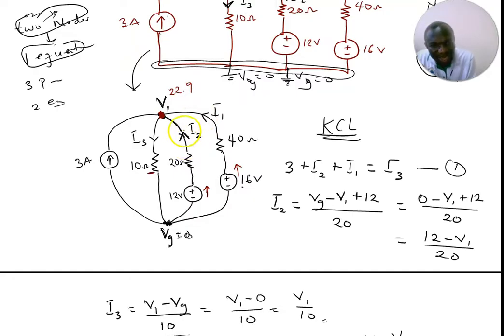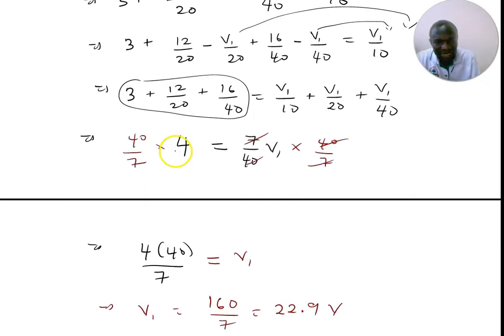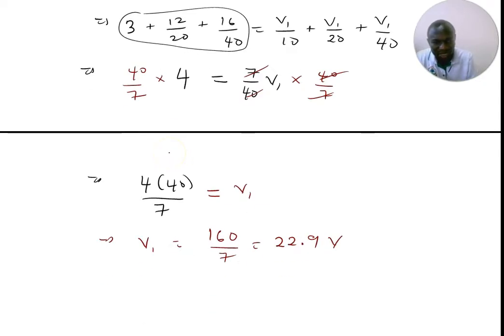The total voltage on this path should also be equal to 22.9. And the total voltage on this path is equal to what? 22.9. So if you are given the question like this, don't worry yourself saying that the voltage is what? 22.9.